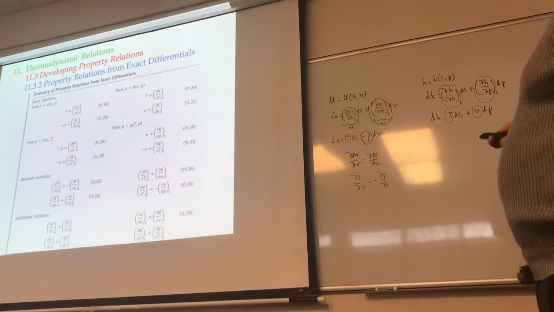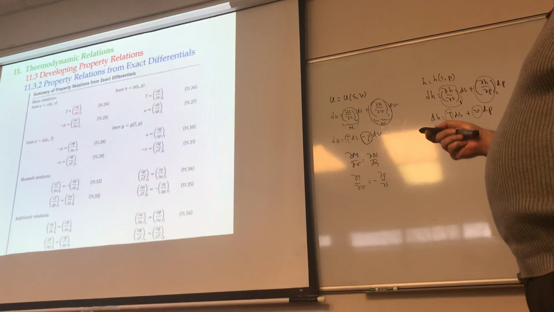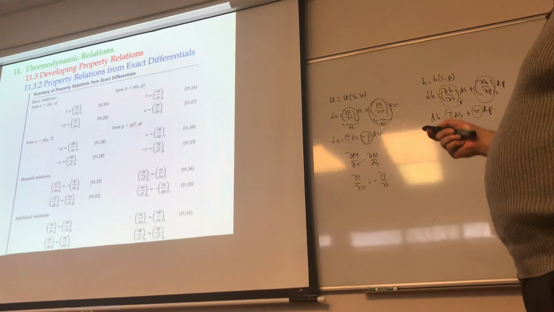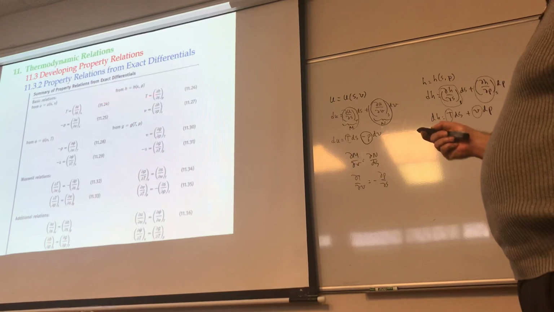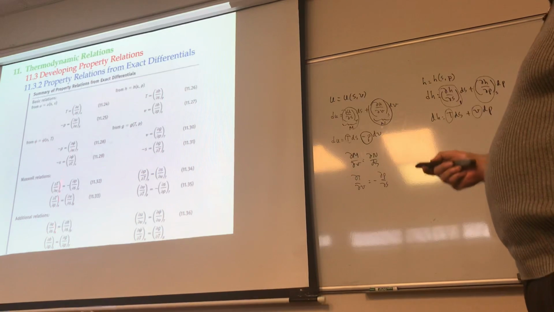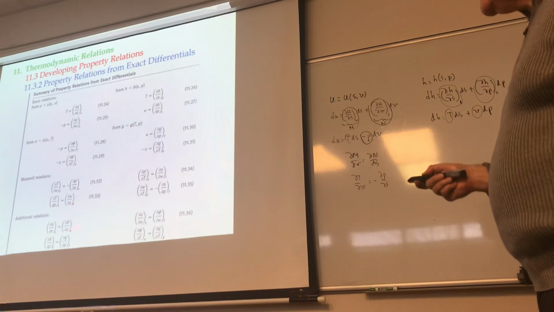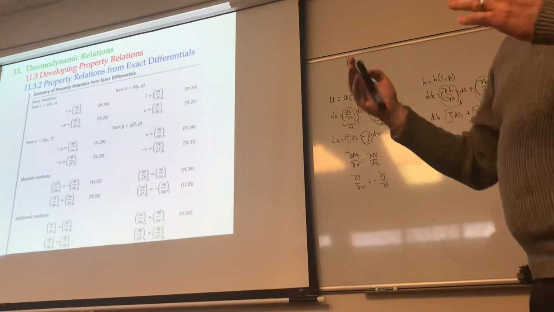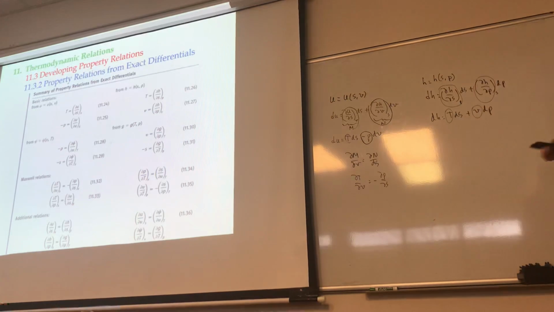Because both of them are equal to negative pressure. Let's take, for example, this one. This is T, this is T. So my conclusion is that this has to equal that. In other words, dU over dS at P has to equal dH over dS at P, and so forth. You see how we went step by step and got all these relationships.